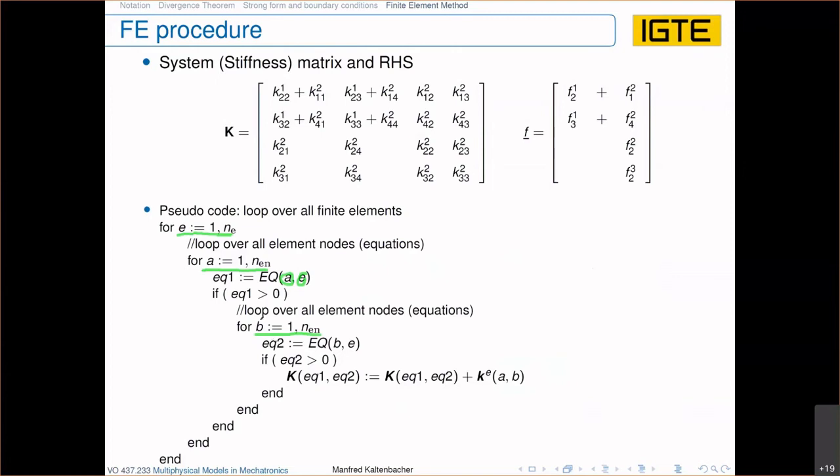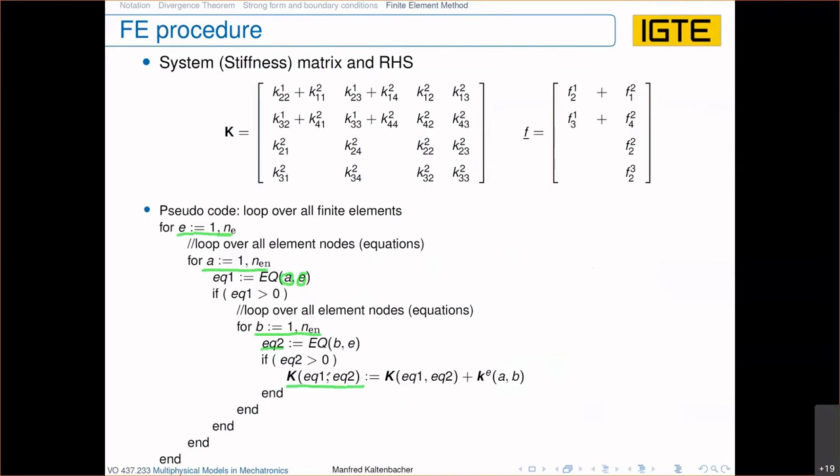Now we have here B, so it is the local node number you have of your element, and E is the element number that we get from the outer loop. Now, if you also get out a value larger than 0, you know, okay, this entry of the local matrix has to be assembled to the global matrix. And the position is clear.